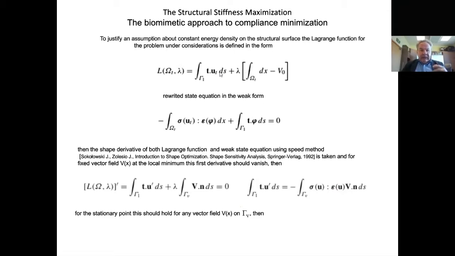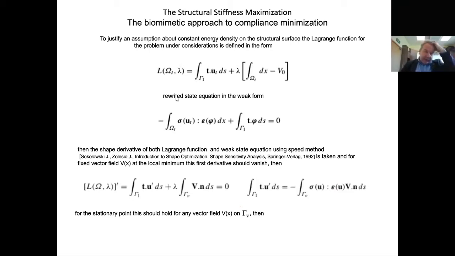So I am going to present work done together with Professor Sokołowski and Professor Rzechowski. Here the main role will be played by shape derivative. So we start, of course, with this Lagrange function.